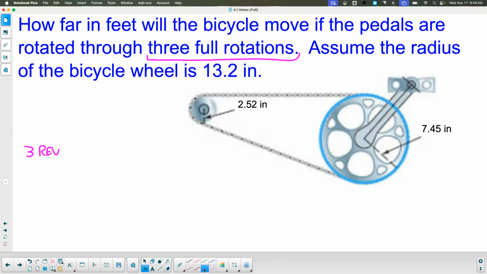One revolution is how many radians? 2 pi. Because where do I need to get to? So right now, I'm sitting on the pedals, right?